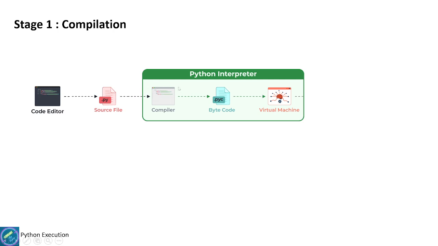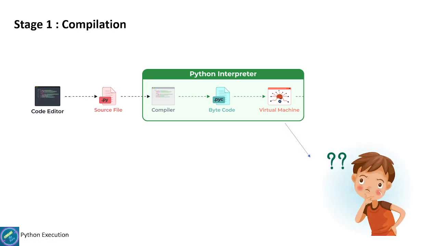The compiler comes with the Python interpreter. It is just a program which translates the source code into bytecode, and the compiler generates a .pyc file, which is an object file that runs on a virtual machine. Hey, what is a virtual machine?